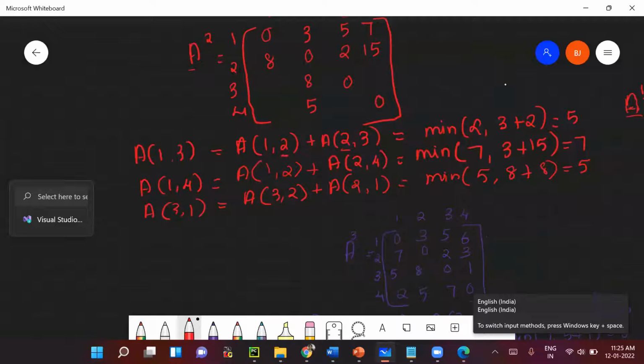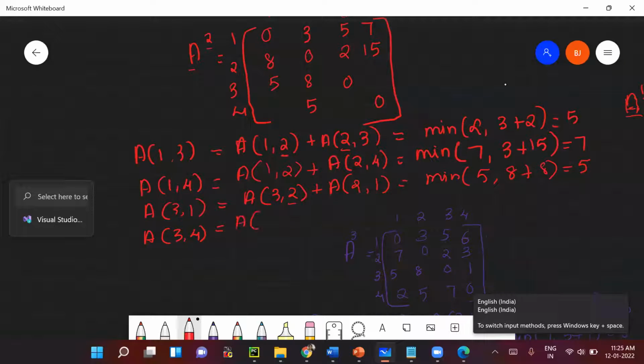So now which are the values which are left out? Now one more is 3, 4, right? A of 3, 4. The only thing you have to understand is that when you are using 2 as an intermediate vertex, when you are constructing the distance matrix for 2, you will be splitting and writing using 2.